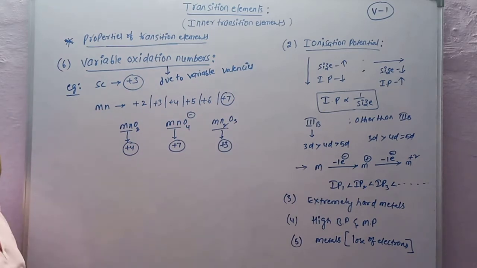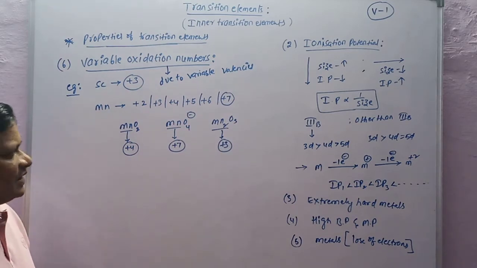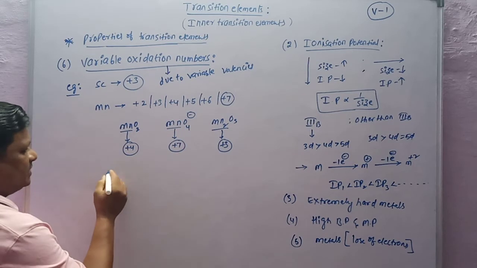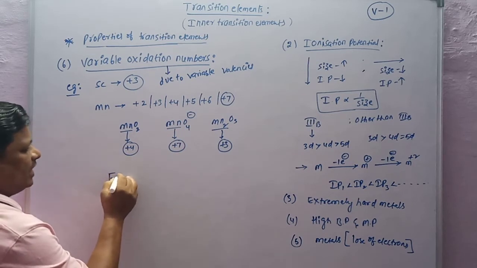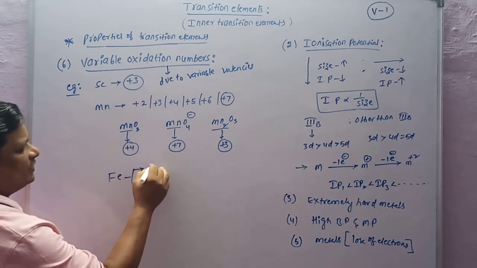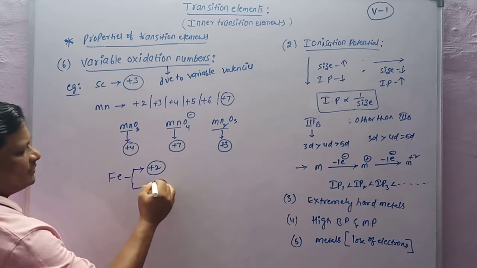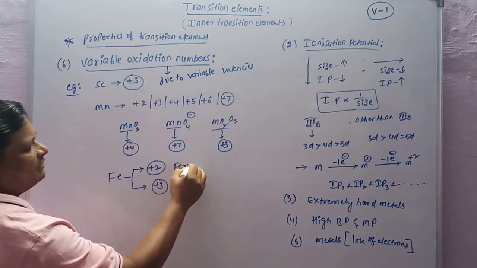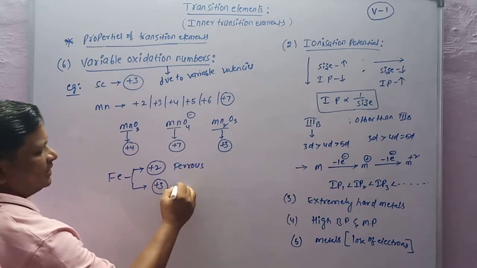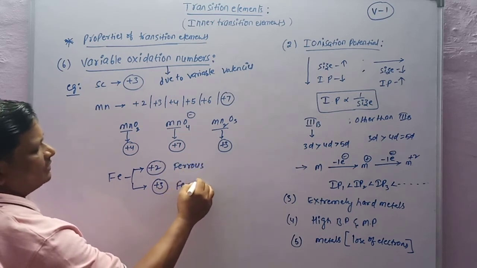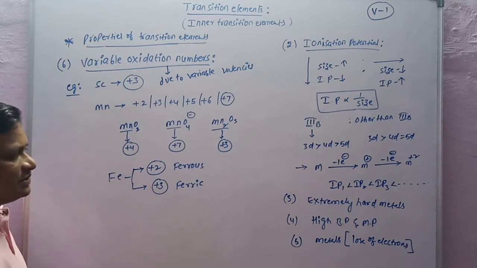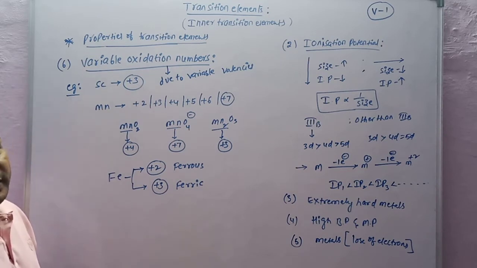D1, D2, D3, and so on up to D10. For example, iron exhibits two types of oxidation numbers, +2 and +3. +2 is ferrous, +3 is ferric.